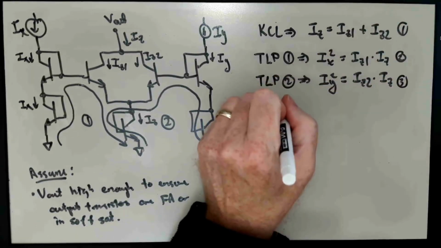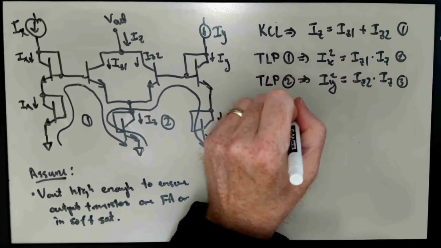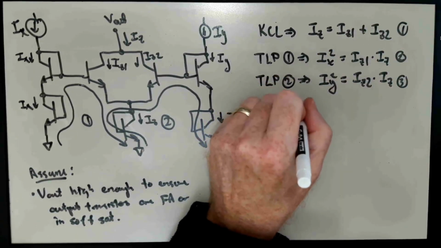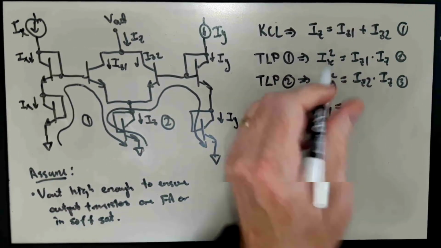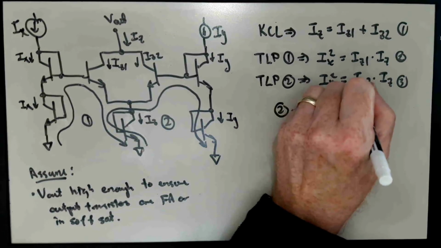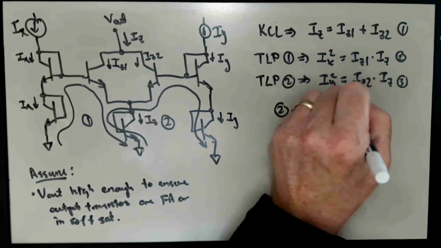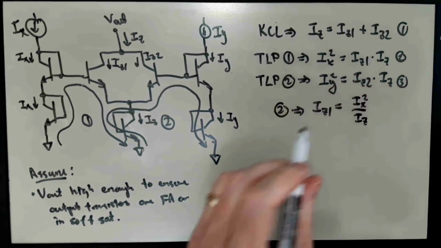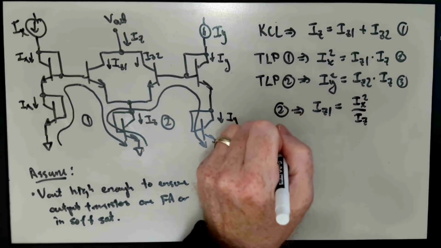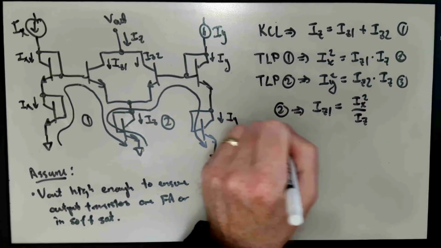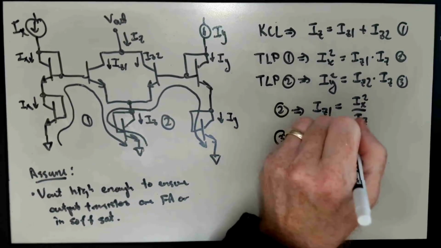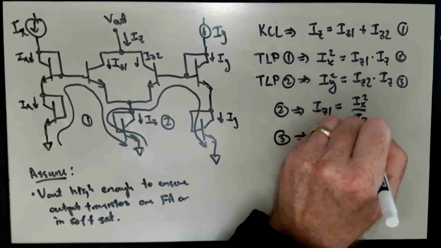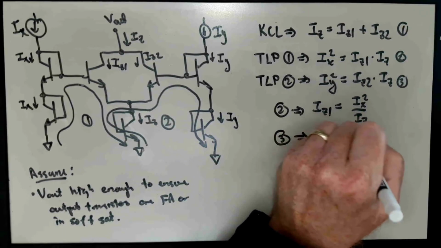Well, we can take equation 2 and solve it for IZ1. Just move the IZ downstairs and we find that that's equal to IX squared over IZ. And we can likewise take equation 3 and solve it for IZ2 and find that IZ2 is IY squared over IZ.